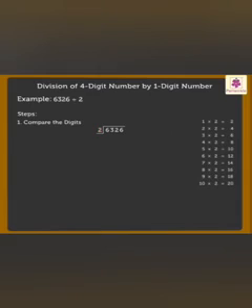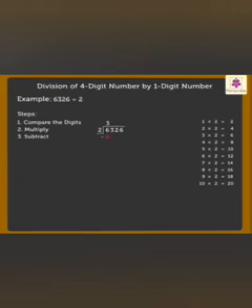Here we use the table of 2 such that the product is equal to or less than and nearest to 6. 3 into 2 is equal to 6. Hence, we write 3 above the 6 and the number 6 in the thousands column under 6.